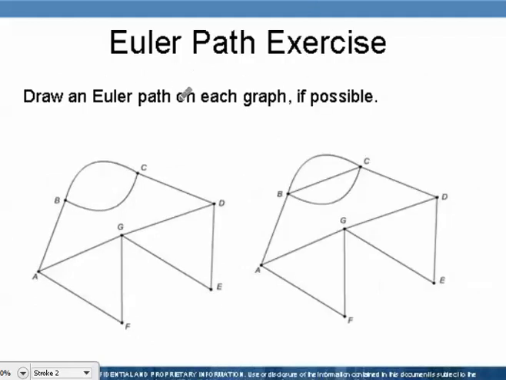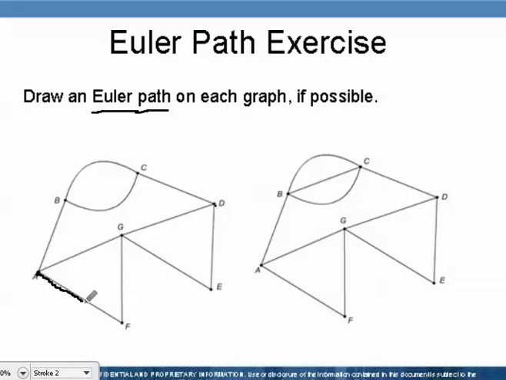A Euler path. A path here is a way, a Euler path is a way that we could traverse from point A to point D and go through each path only once. We don't want to have to repeat ourselves, or go down each path only once, okay?